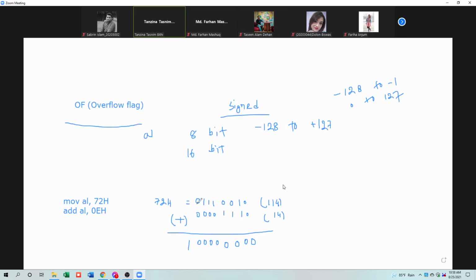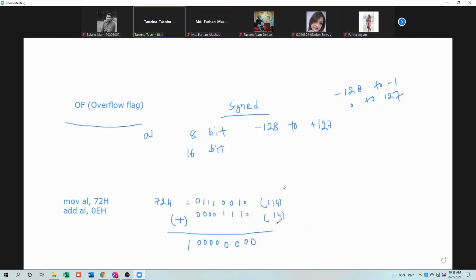Now look at the MSB. The most significant bit is 0, which means that 114 and 14 are positive numbers, right? So the sign is plus. These are two positive signed numbers.